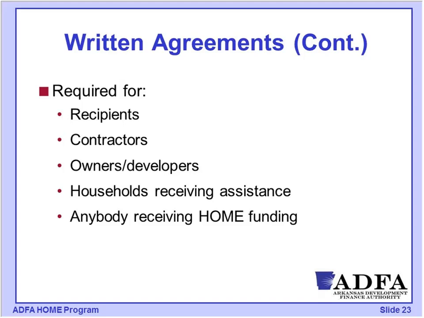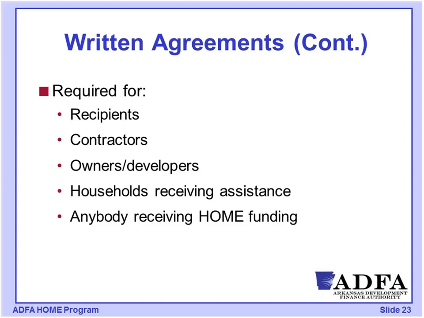So you as the recipient of the funds, a contractor, a developer, owner-sponsor developer that's receiving funds to be able to develop a project, but also that individual household that's receiving assistance, whether it's tenant-based rental assistance or home buyer assistance, housing rehab money.